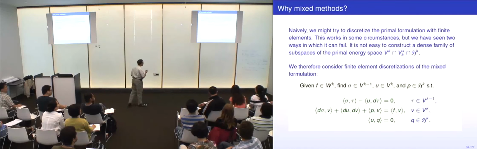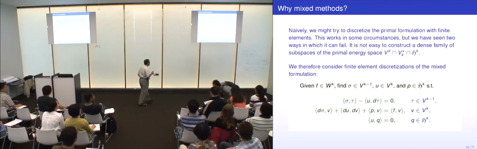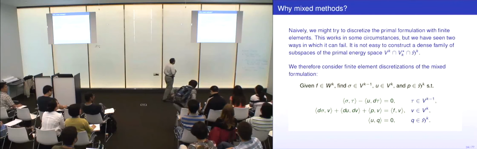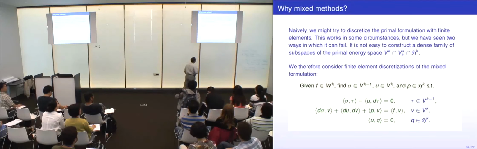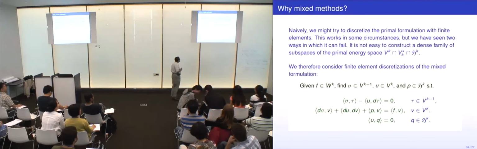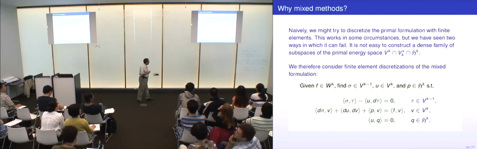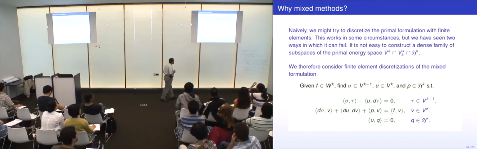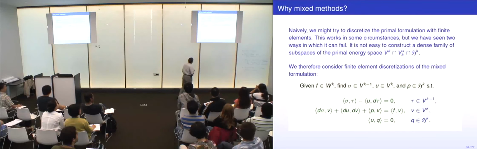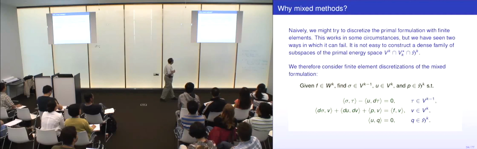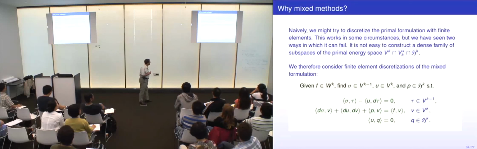In other words, they're in W^(k-1) and W^k, but they're in the domain of d. And if there are harmonic forms, we want to find a harmonic form p. The first equation actually says sigma is equal to d star u. The second equation represents that d d star u plus d star d u is equal to f modulo harmonic forms. And the last one makes u unique if there are harmonic forms.